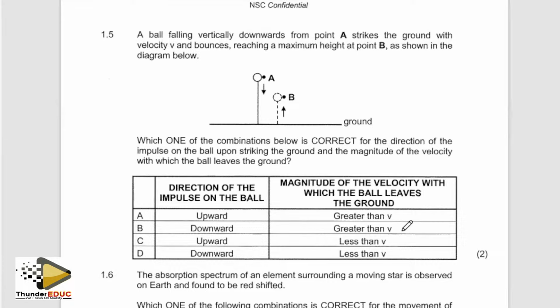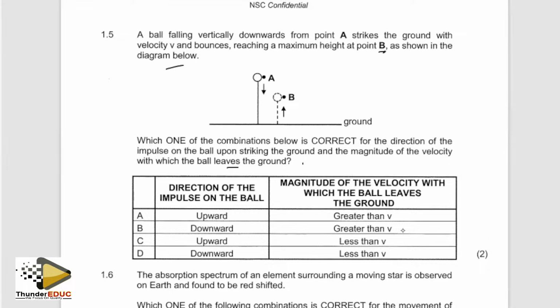1.5. A ball falling vertically downwards from point A strikes the ground with a velocity v and bounces off, reaching a maximum height b, as shown in the diagram below. Which one of the following combinations is correct for the direction of the impulse of the ball upon striking, and the magnitude of the velocity with which the ball leaves the ground?